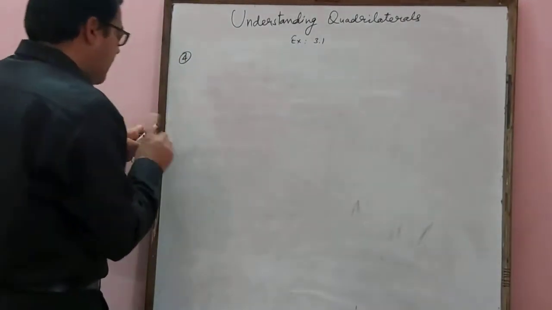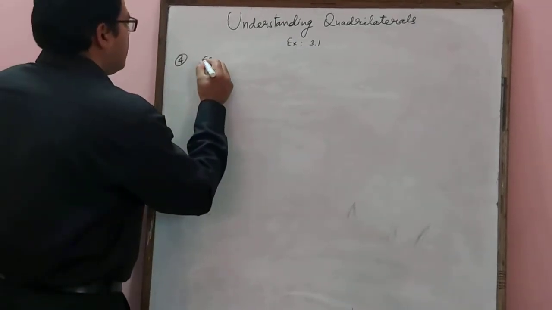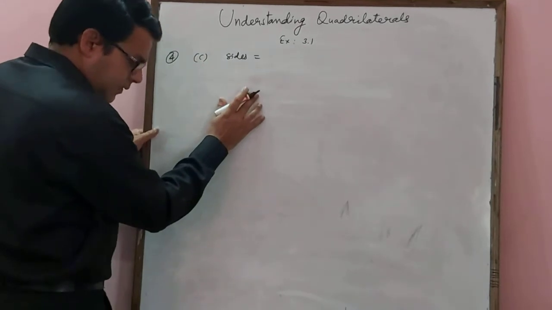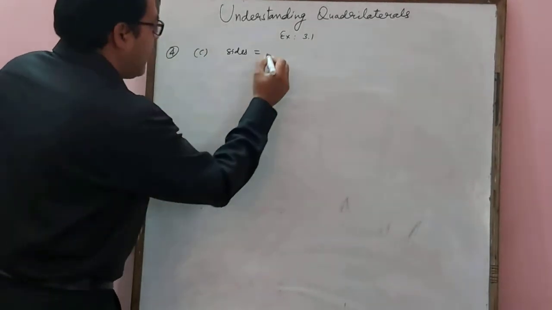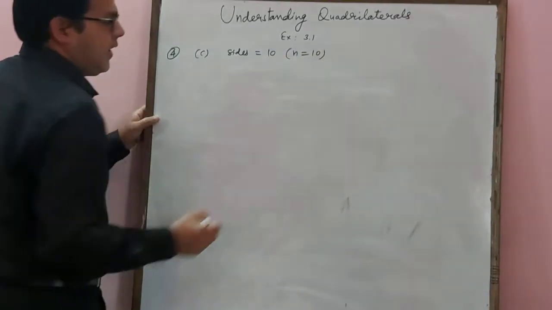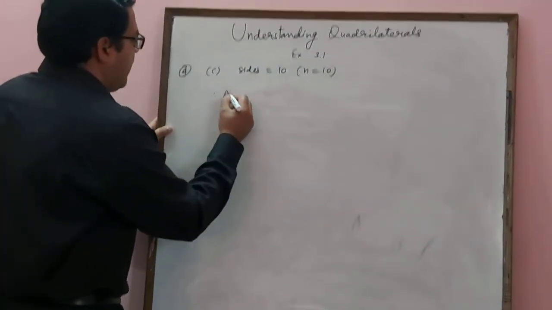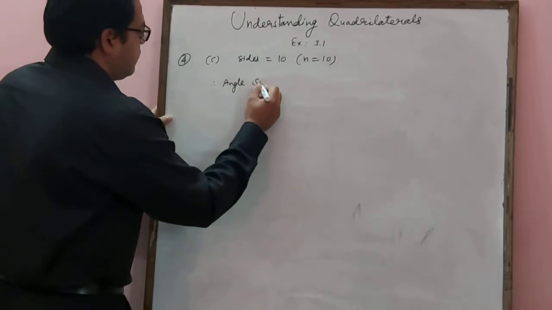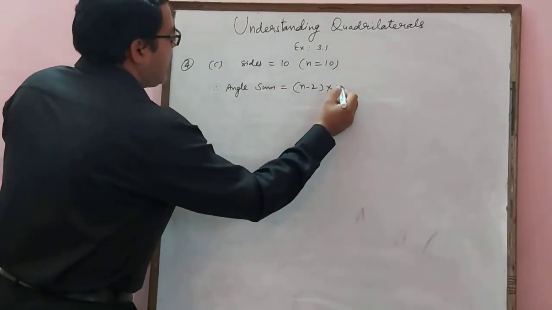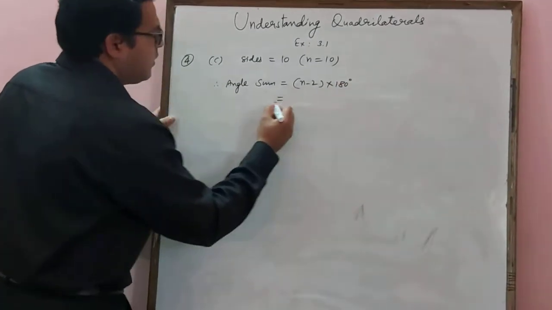Now I am solving the third part. Here the number of sides is 10, which means the value of n is 10. Therefore, angle sum: first you need to write the formula.